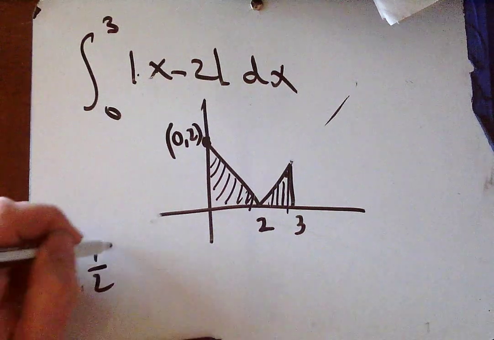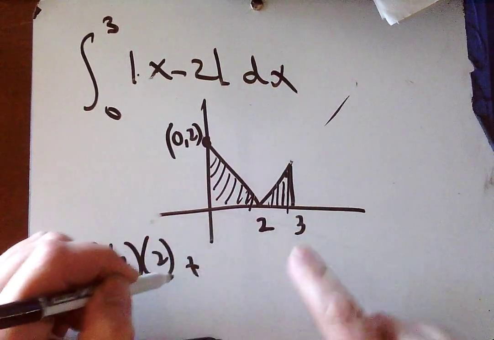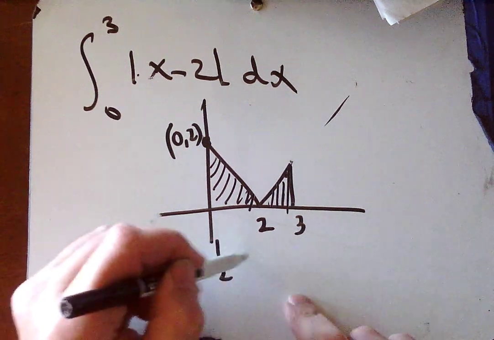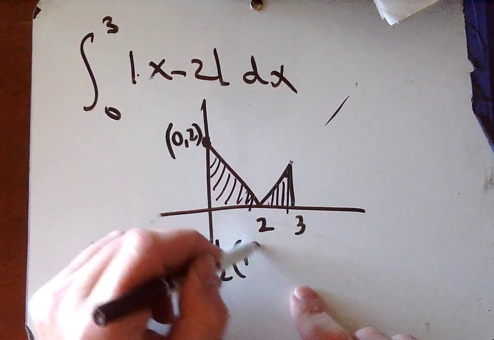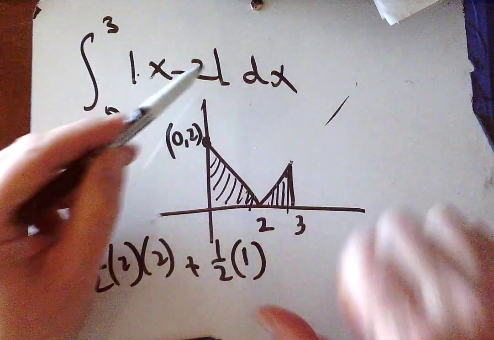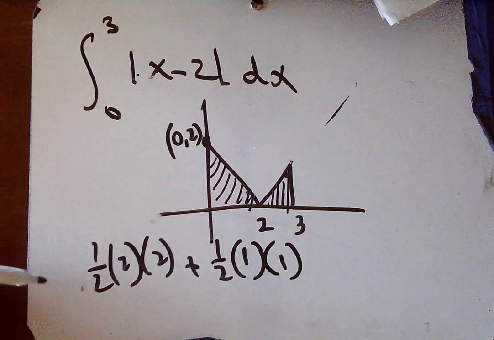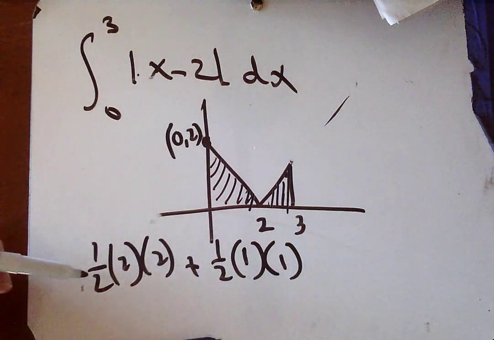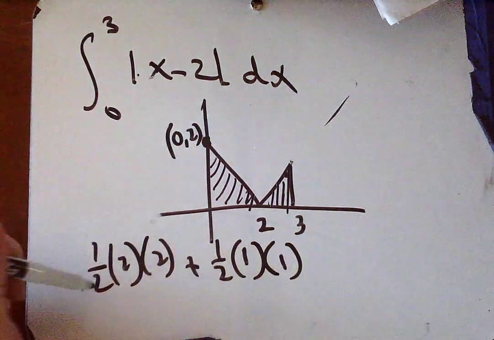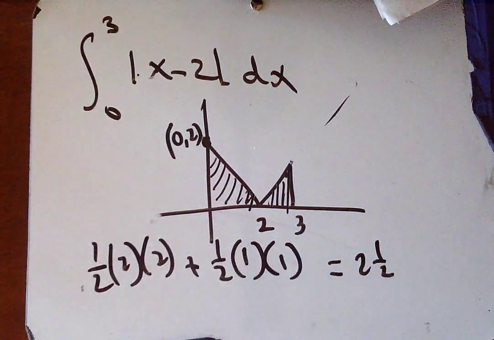So I've got 1/2, a base of 2, a height of 2, plus this triangle, 1/2, 3 minus 2 is 1. What's the height here? If I plug a 3 in here, 3 minus 2 is 1, absolute value of 1 is 1. Okay, and again, you can stop here for free response. For multiple choice, you would want to take it further and get 2.5.